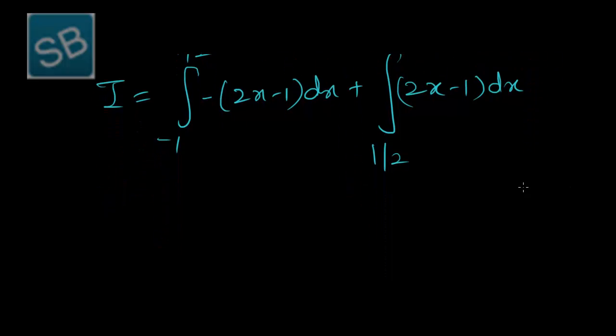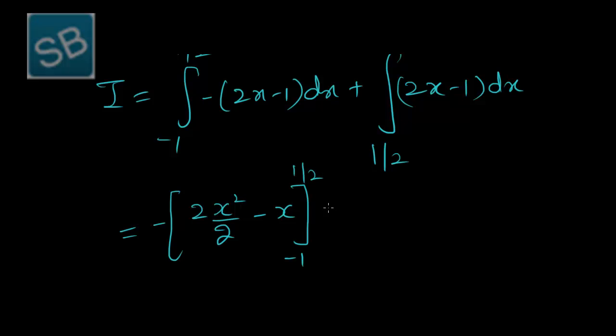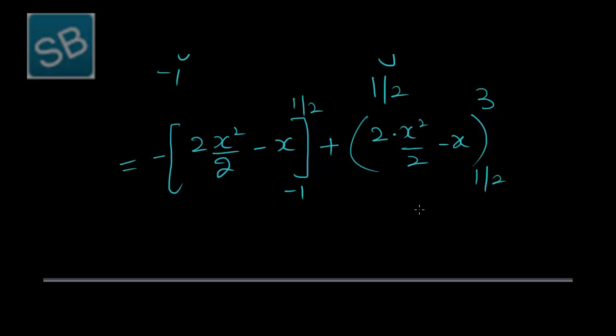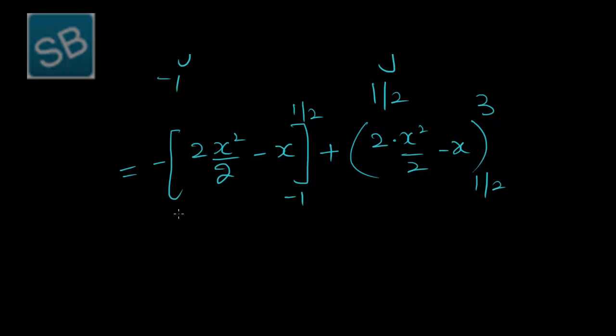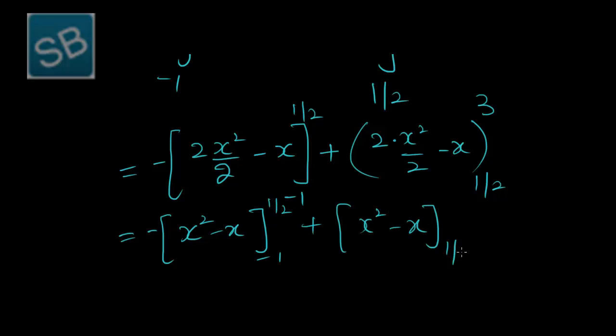Now the problem is very simple. We can do it. Minus is taken out. We get 2 into x square over 2 minus x, the integration ranging from minus 1 to half, plus 2 into x square over 2 minus x, integration ranging from half to 3. So we get, minus is common out, x square minus x ranging from minus 1 to half, plus x square minus x ranging from half to 3.